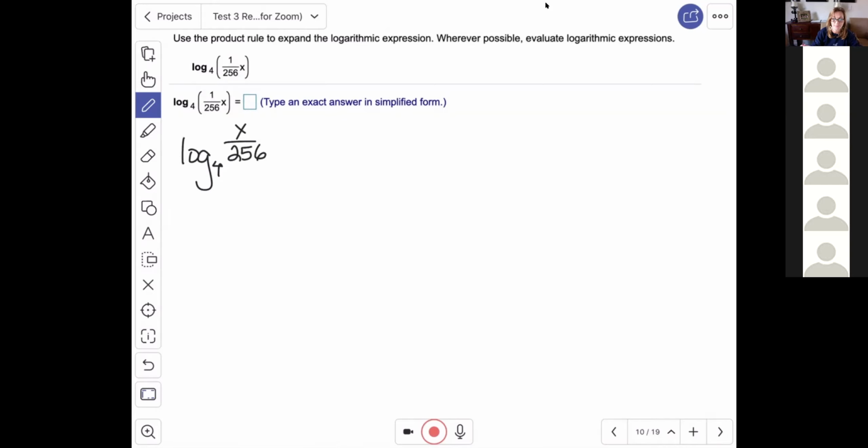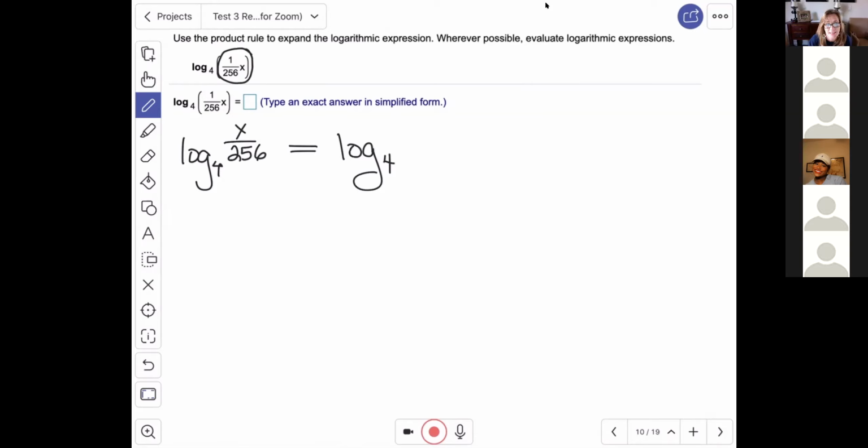Now they want you to spread it out, expand it. And so remember the rules. If you are dividing, sorry, what do we multiply again? Oh, I multiplied right here, x times 1/256.